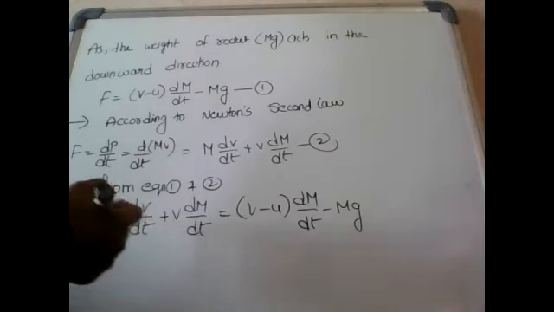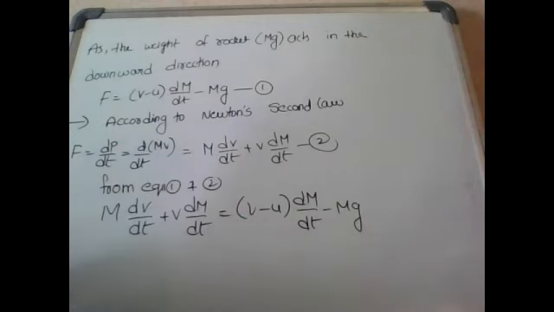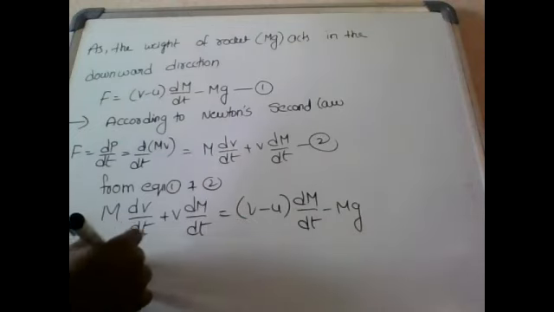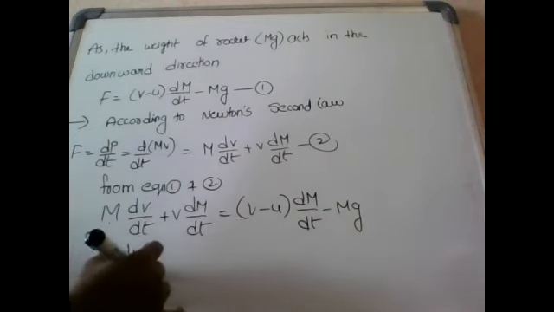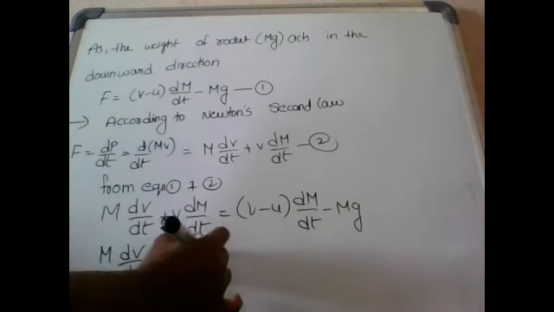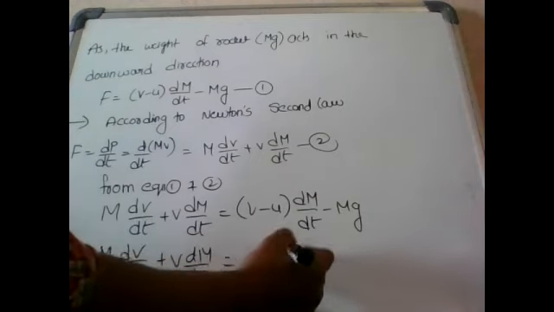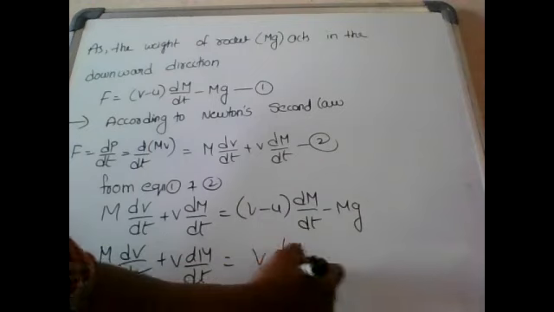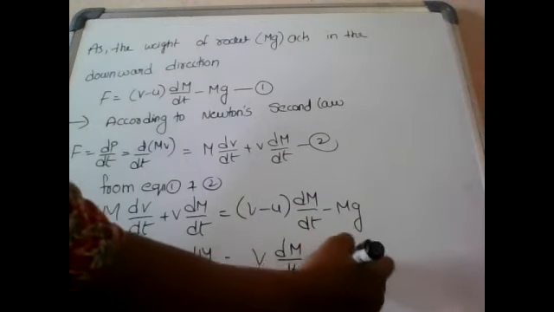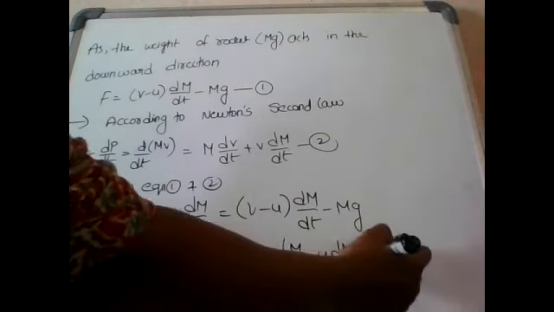Here v into dm by dt, one value cancels. m into dv by dt plus v into dm by dt equal to, we can write v into dm by dt minus u into dm by dt minus m into g.